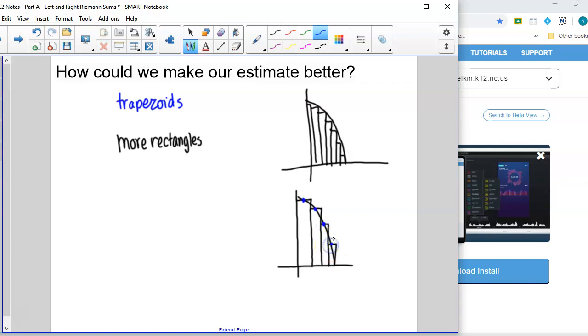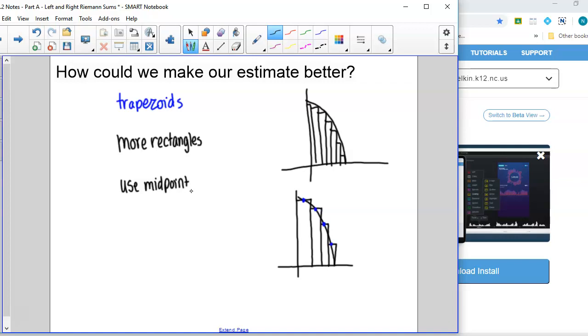And so a little bit of the graph there would be an underestimate, but then we'd have this overestimate on the other side, and those would balance out some. So we could use midpoint instead of the left or right. Those would all make these estimates better.